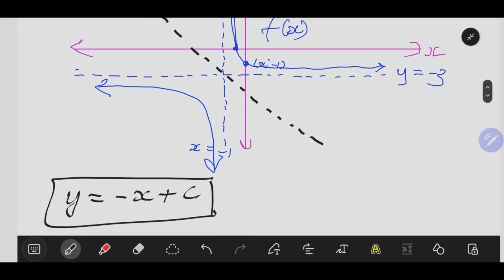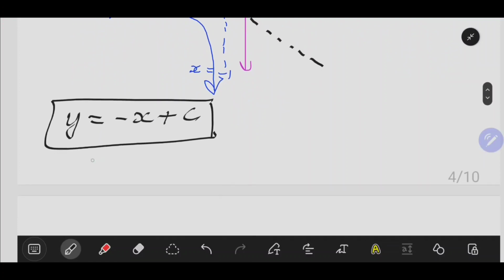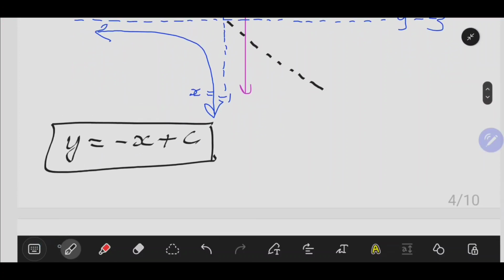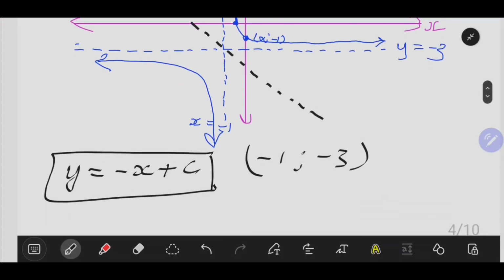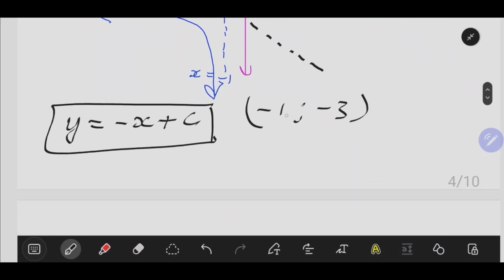Then now we are going to take the coordinates of your axis of symmetry or your asymptote, which is (-1, -3). And then we're going to substitute them here. Where you see x, you're going to put negative 1. Where you see y, you're going to put negative 3.